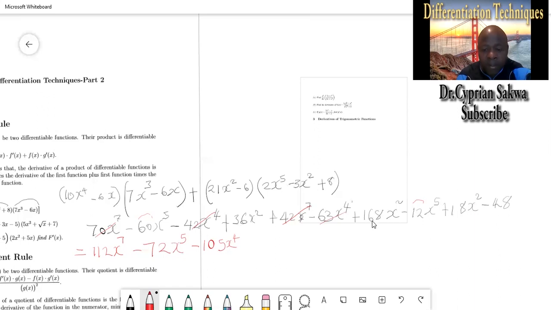So 36 plus this is 204, then plus this is 222x raised to 2. So I'm done with this. What is left is this negative 48, and that becomes the answer to that derivative.